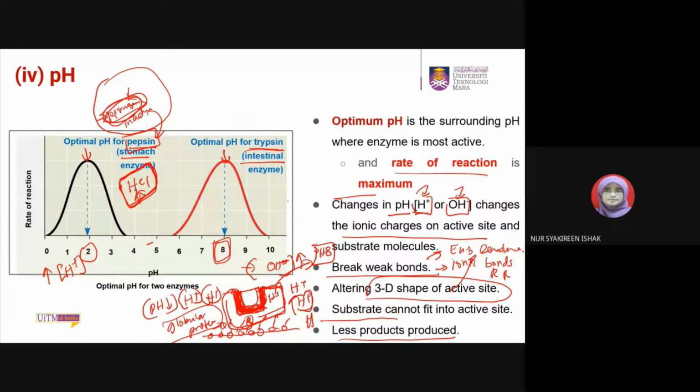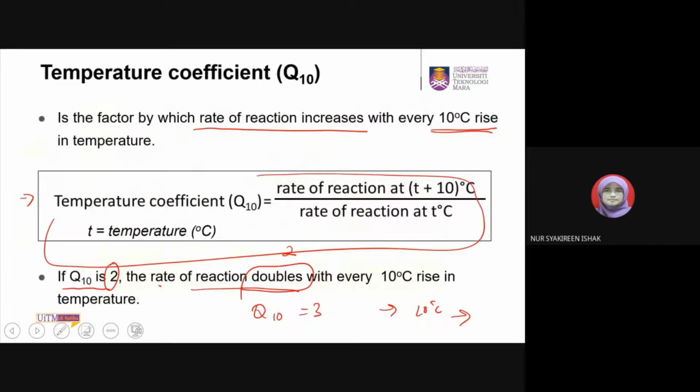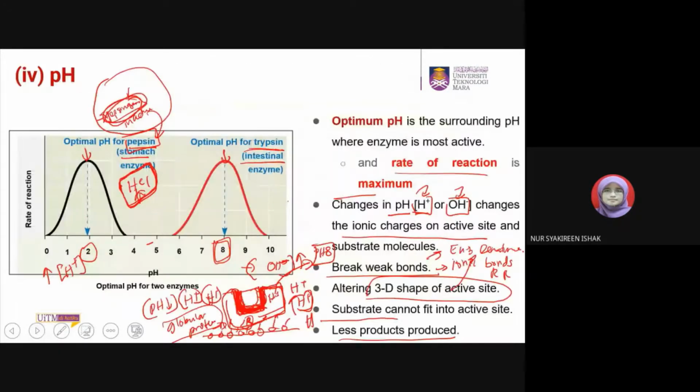So that is the role of pH. When you change the pH of an enzyme from what it should be, you change its hydrogen ion concentration and hydroxide ion concentration. When you change the charges in the surrounding aqueous solution where the reaction occurs, the amount of positive and negative charge through the presence of hydrogen ions and hydroxide ions, you will interfere with the side chain interaction of the enzyme, especially at the active site.